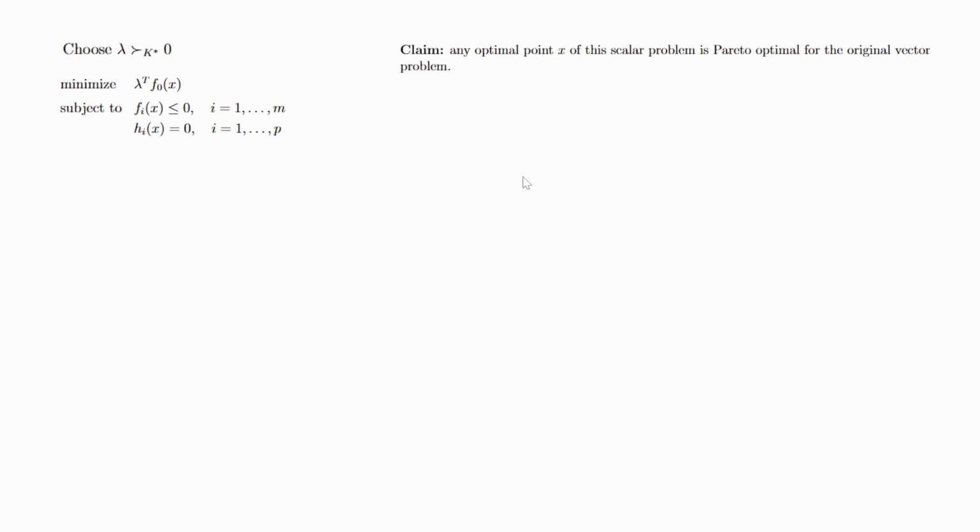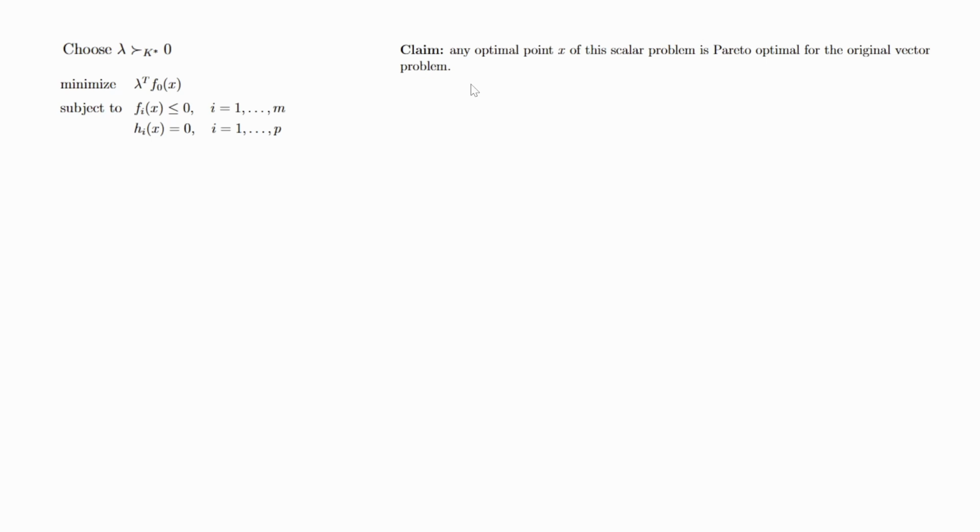The claim is that any optimal point x from this scalar problem is Pareto optimal for the original vector problem. So all we need to do is choose a lambda in this dual cone, and we can find a Pareto optimal point in the vector optimization problem.